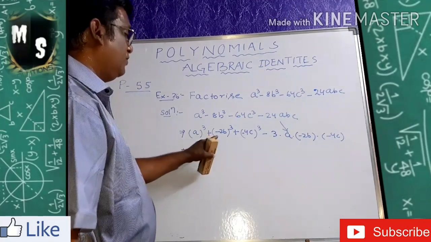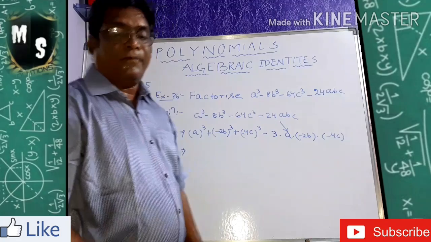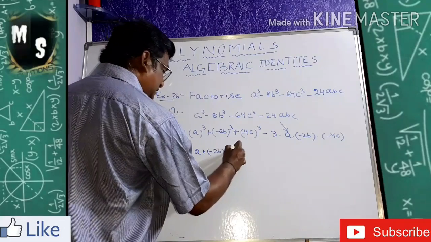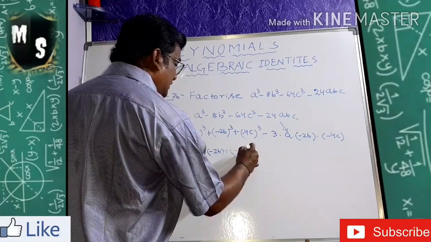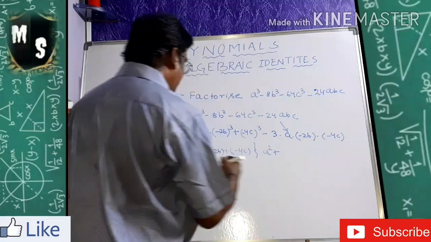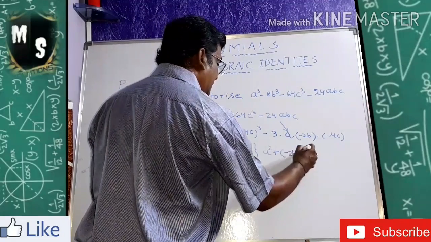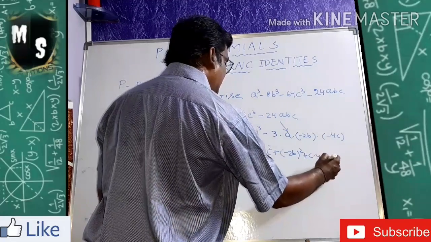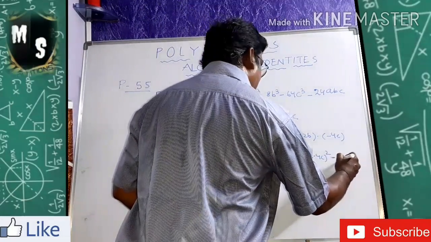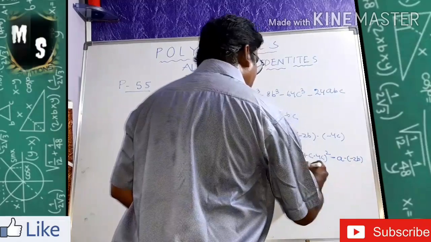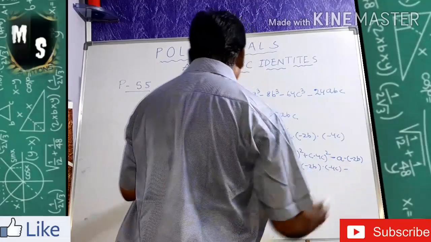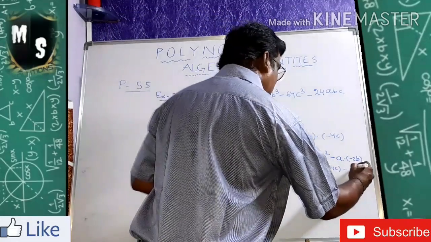So now we are able to put in the formula. What is the formula? a³ + b³ + c³ − 3abc. The formula is (a + b + c), where b means −2b and c means −4c. Clear? (a + b + c) into (a² + b² + c² − ab − bc − ca). a² plus b² where b is (−2b) squared, plus c² where c is (−4c) squared. Got it? Then minus a into b, b is minus so put it in bracket, minus bc, minus (−2b) into (−4c), next minus ca, where c is (−4c) into a.